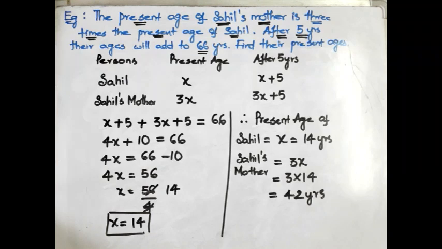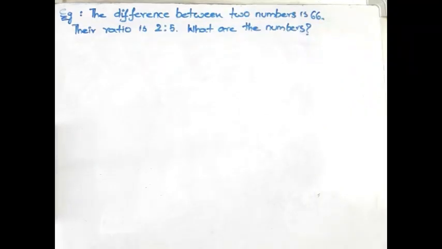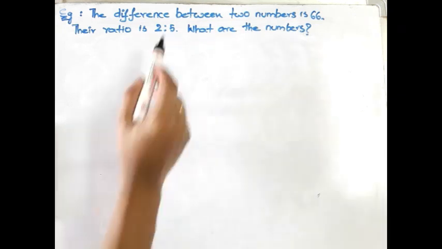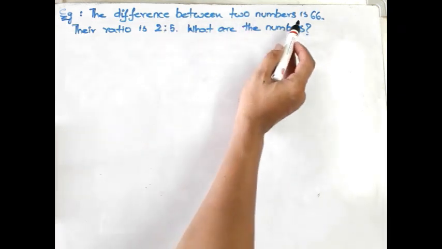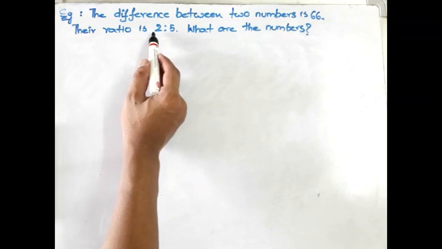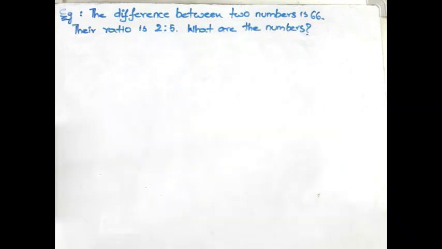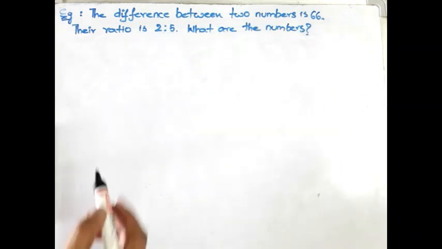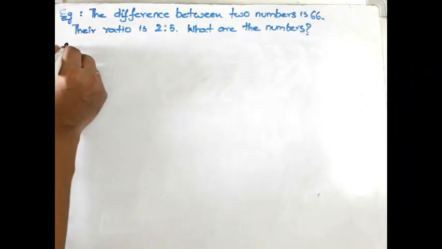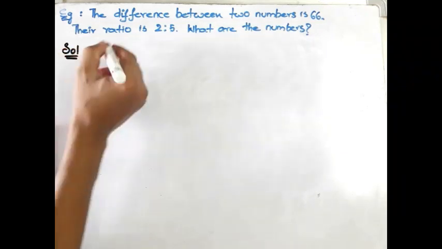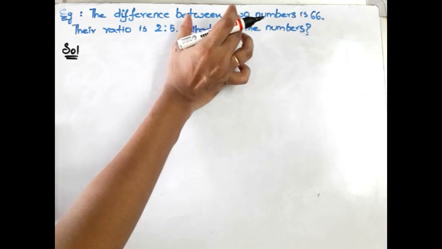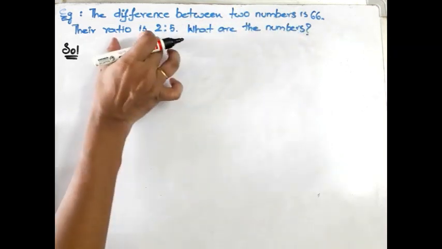Now let us move to another model. Check the question. The difference between two numbers is 66 and their ratio is 2:5. What are the numbers? They didn't specify anything about the numbers except the ratio.